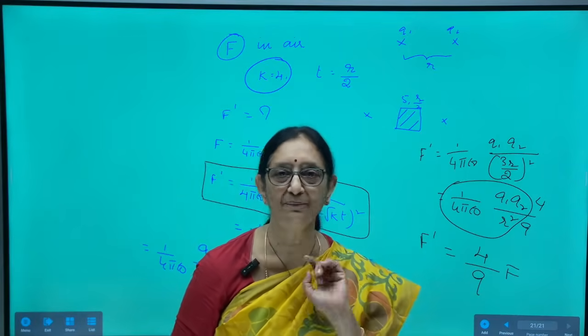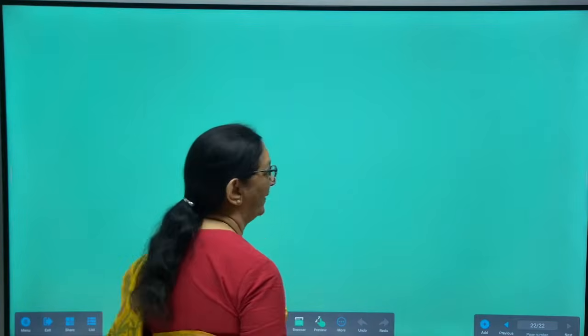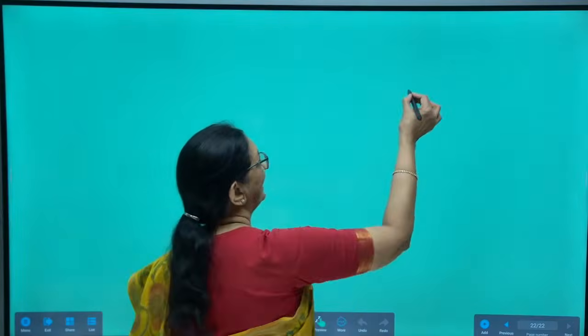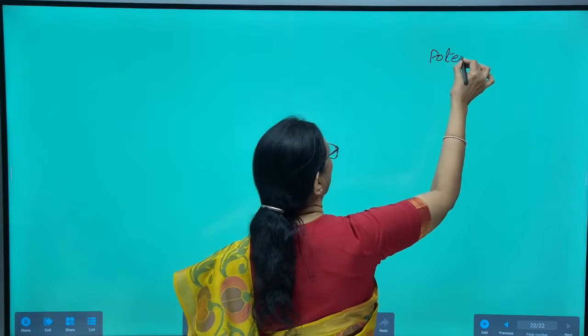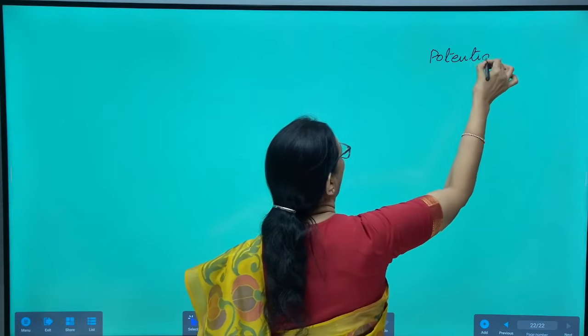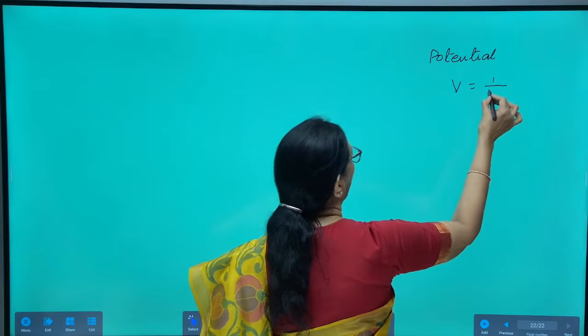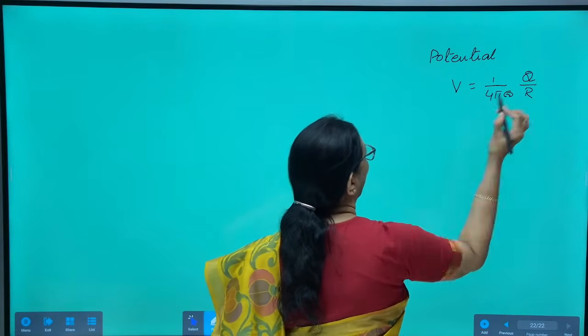So, another model I am telling you on Coulomb's law. Look here, for that model you should have one thing in mind, potential on the surface of a charged sphere. Potential on the surface of a charged sphere is given by 1 by 4 pi epsilon naught q by r.